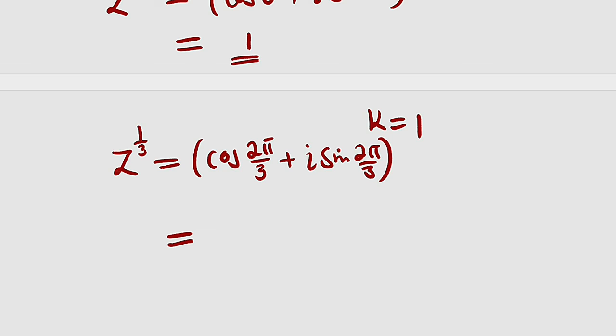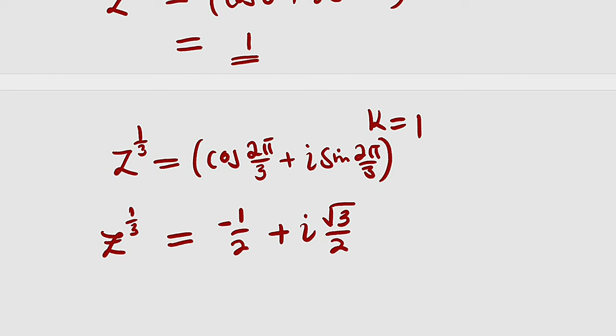Cosine of 2 pi divided by 3 is negative 1 divided by 2, and sine of 2 pi divided by 3 is root 3 divided by 2. So here is another solution.